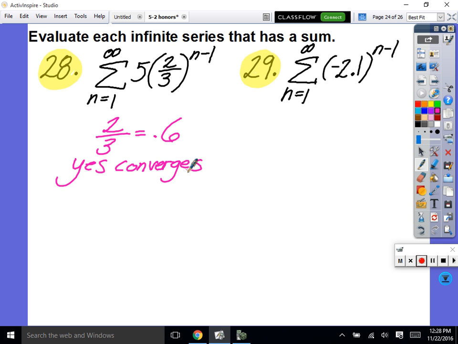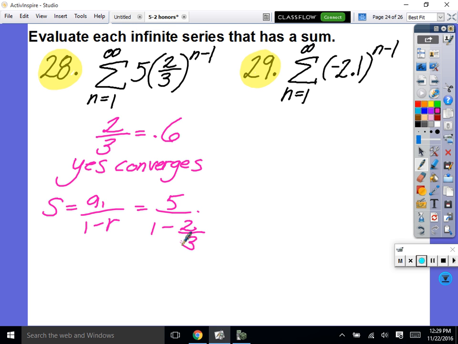So the sum of an infinite geometric series is a sub 1 over 1 minus r. So what is a sub 1? Well, let's plug in 1. 1 minus 1 is 0. 2/3 to the 0 power is 1. So 5 will be our first thing, our initial value. Does everybody understand? So we have 5 over 1 minus 2/3.